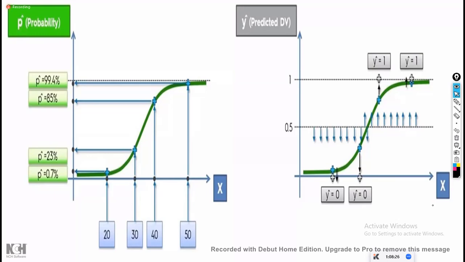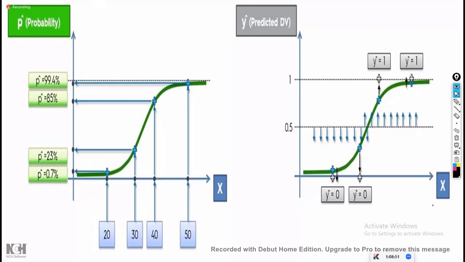Now, why is it considered logistic regression? Why is the word regression there? Interview question. Yes, the output is continuous, which is probability. That is the reason why it is logistic regression.